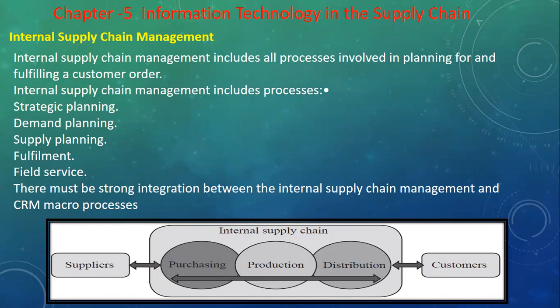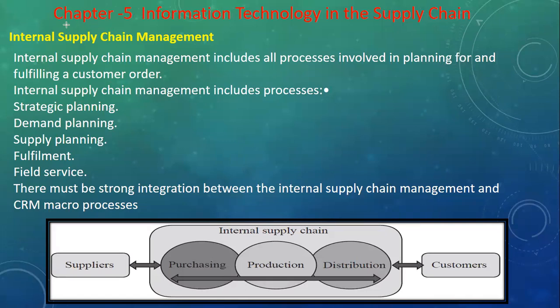First, you need to buy the raw material from the supplier. Then you need to manufacture the product as per the requirement and desire of the customer. Then finally, this product needs to be distributed to the customer. So this is the internal supply chain process.